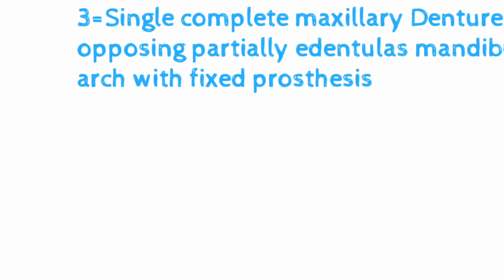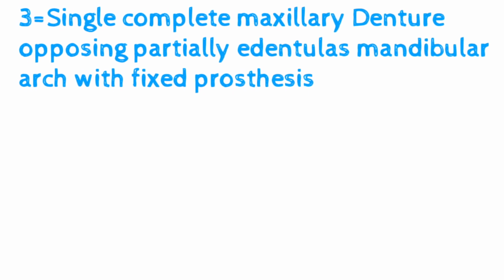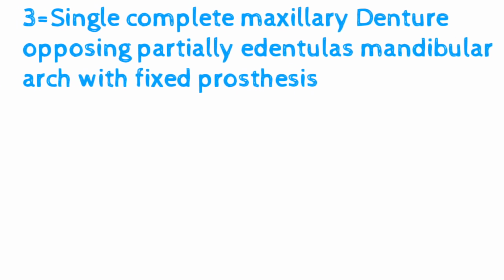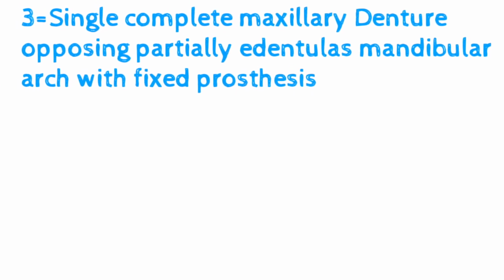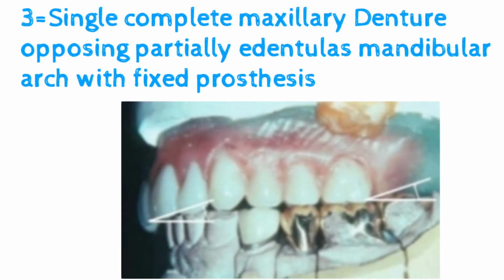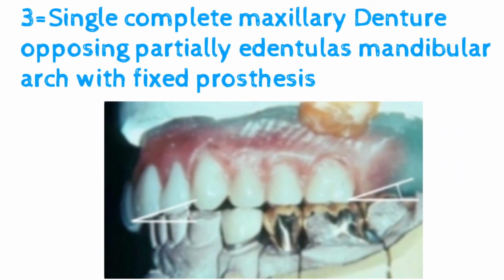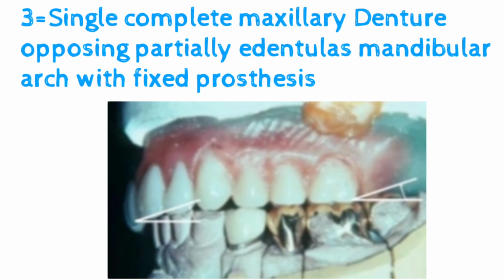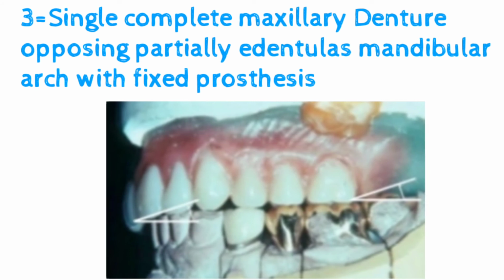In third there is a single complete maxillary denture opposing partially edentulous mandibular arch with fixed prosthesis. Look at this diagram. In maxilla again there is single complete denture, but in mandible there is a partially edentulous mandibular arch with fixed prosthesis.